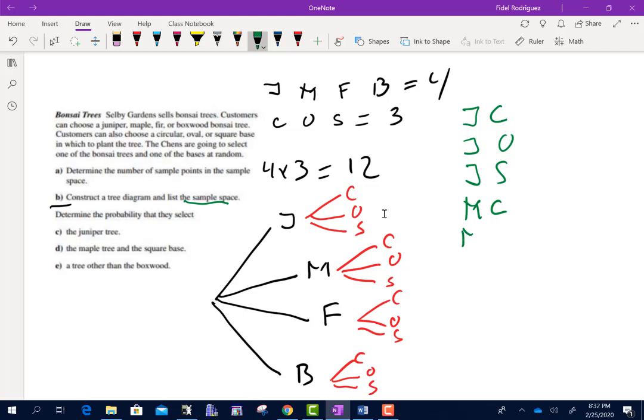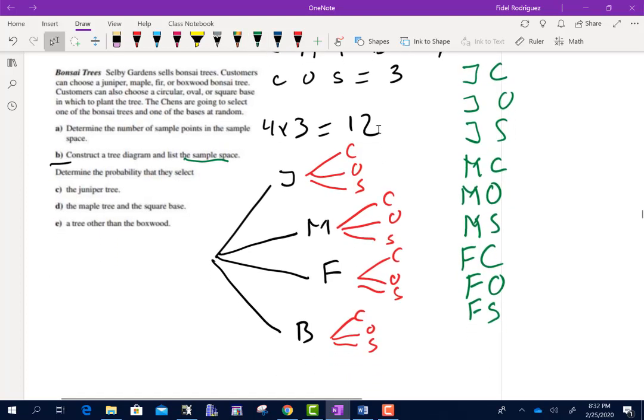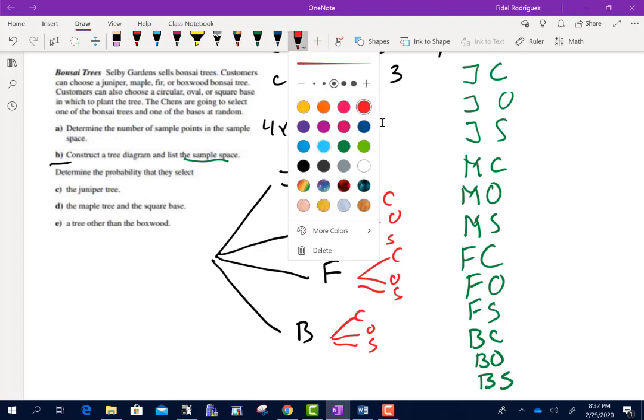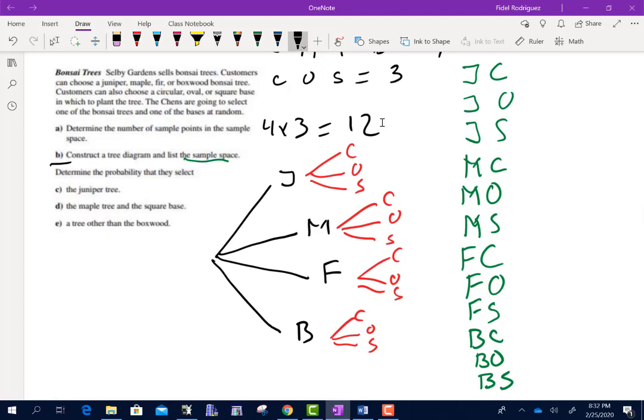Maple with circular, maple with oval, maple with square, fir tree with circular, fir tree with oval, fir tree with square, and let's see, boxwood circular, boxwood oval, boxwood square.